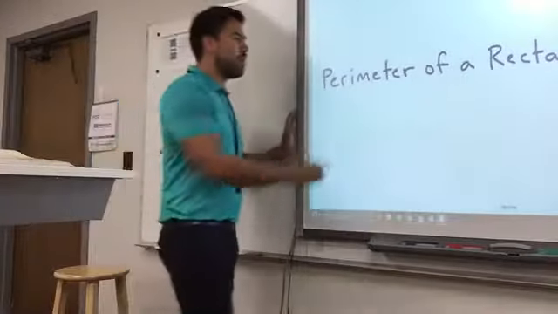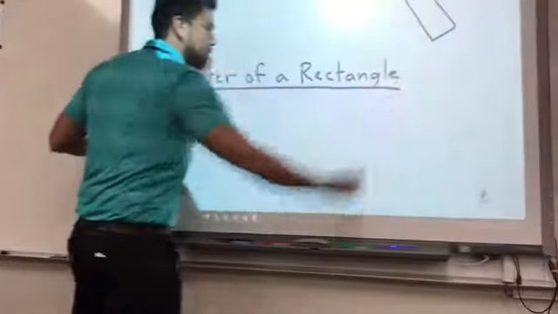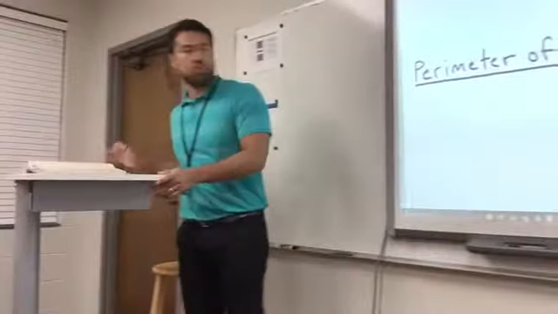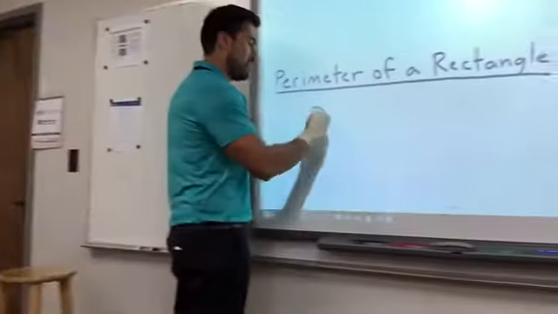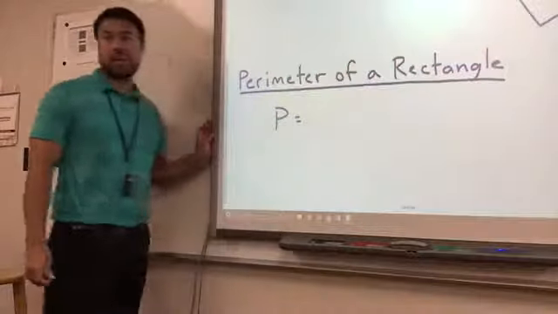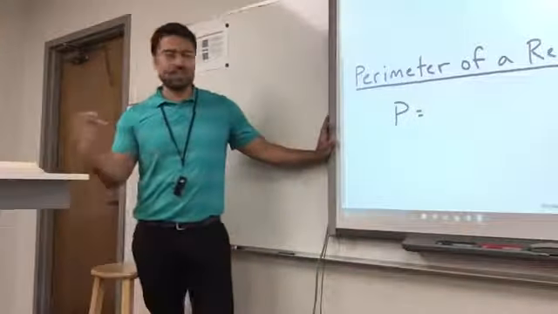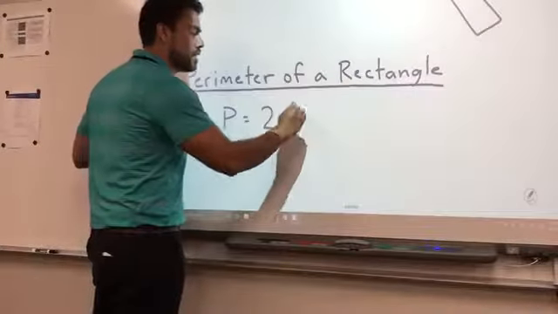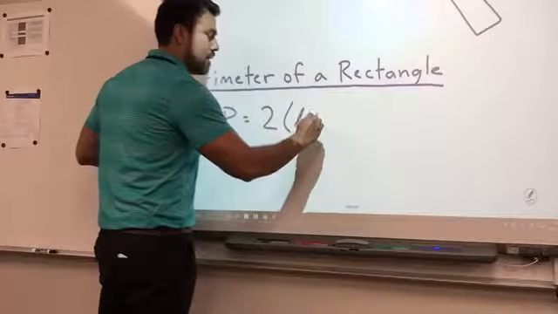Okay, perimeter of a rectangle, we're going to look at one formula, and we're going to describe what those parts mean. The first one for perimeter is P. What do you think P stands for, by the way? Perimeter. It just stands for perimeter. Equals 2 times the length plus the width.